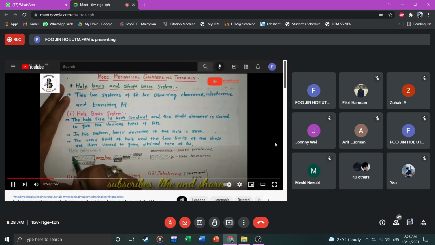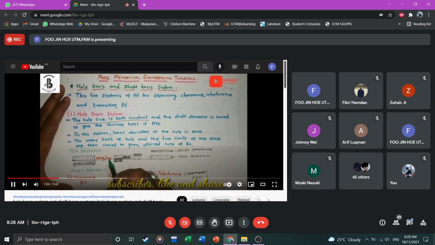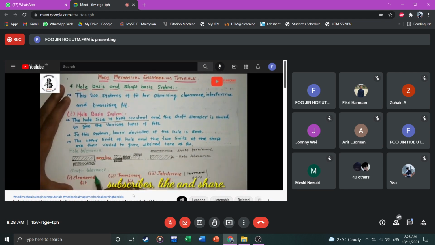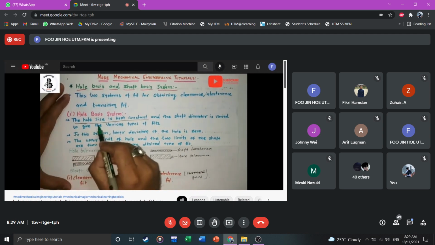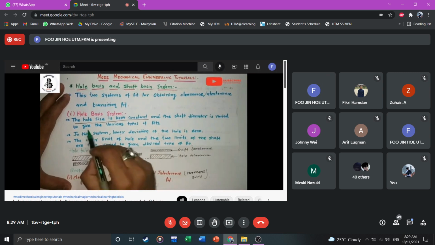So the hole basis system has the lower deviation size on the zero line. And you can change the dimension of the shaft tolerance for making an assembly of the two components. So basically the hole size is kept constant and the shaft diameter is varied to give various kinds of fits. Let us look at the diagram.